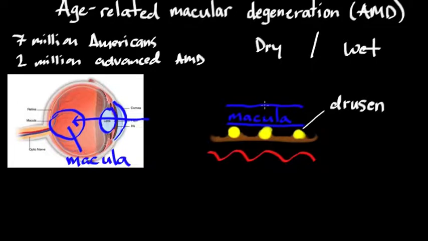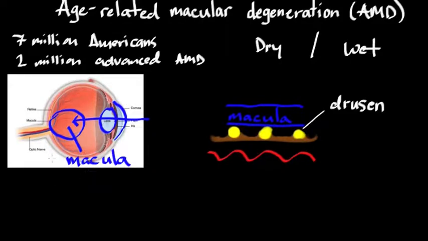So you get atrophy of the macula, you get atrophy of the pigment layer, and you get this accumulation of drusen, and we call that atrophy or more advanced dry macular degeneration. So that gives you a basic idea of what's happening in the earliest form and even in the more advanced form of dry macular degeneration.